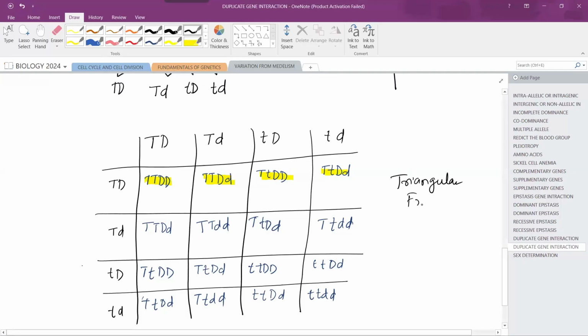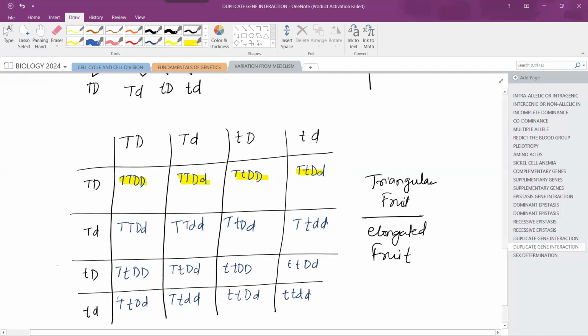Can you tell me what is the ratio of triangular fruit to elongated fruit? Count that. Tell me the ratio of triangular fruit to elongated fruit. 15 over 1.